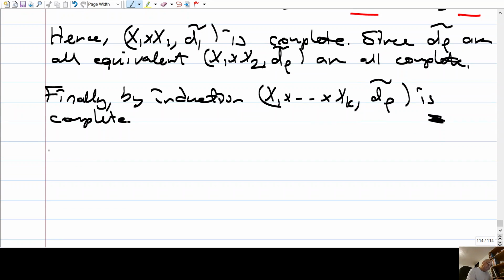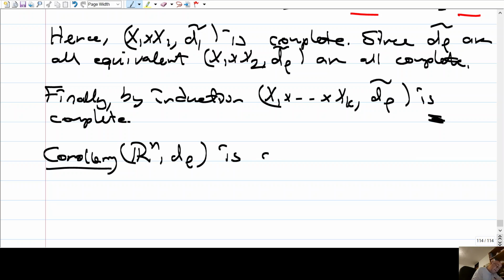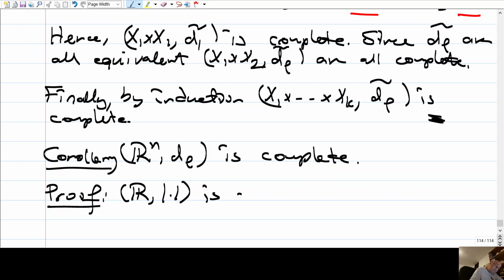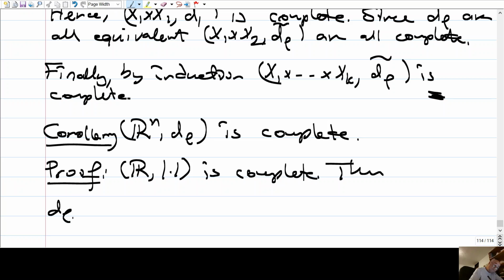In particular, as a corollary, we have this: Rn with d row is complete. Why is that? Proof. Well, we know that R with absolute value is complete. And then what is the row of two vectors?